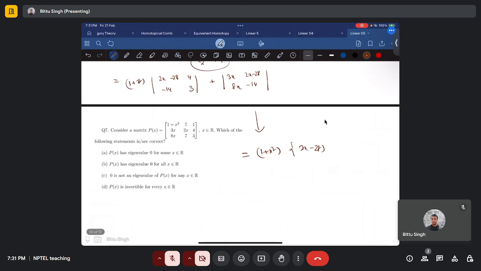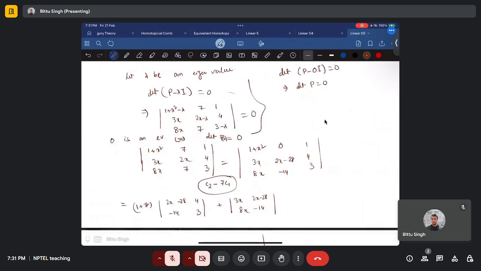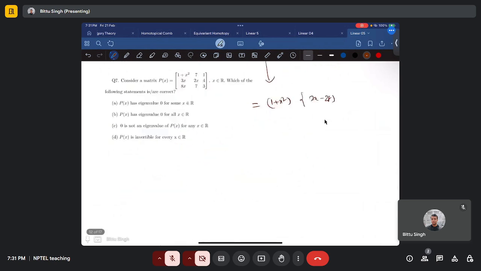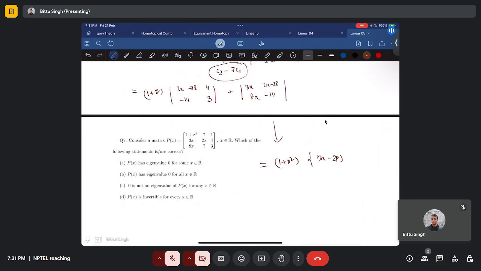Is it 28? Yes, 2x minus 28. 2x minus 28 times 3 minus 4 into 14, which is 4 into minus 14, 56. So it will be plus 56.